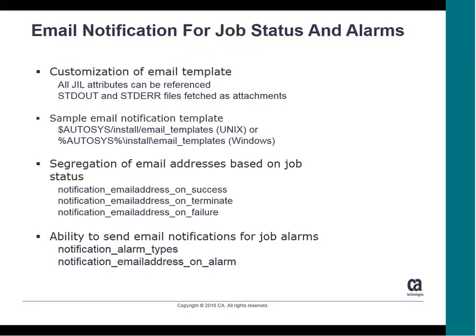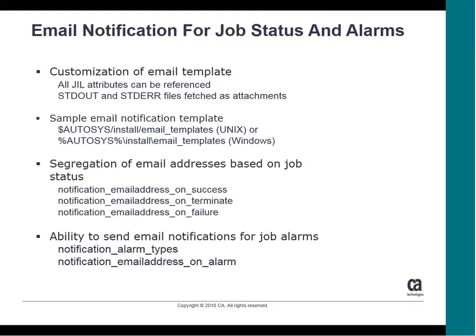Segregation of email addresses based on job status. Earlier we used to have only a notification email address, which was the same email address list for all the job statuses. Now we have provided three more: success, terminate, and failure. So now the user can decide, if a job goes to success, which group needs to be notified of the status, likewise for terminate and failure.